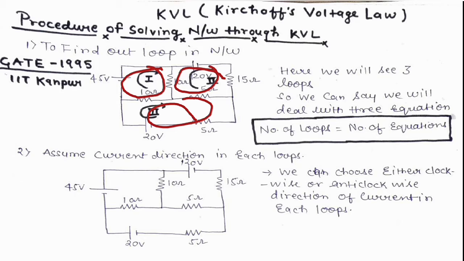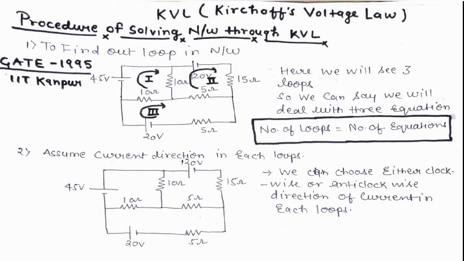So when we use KVL in each loop, we get three equations. In the first step, you find the number of loops, which is three, which means we have three equations because we have three loops.